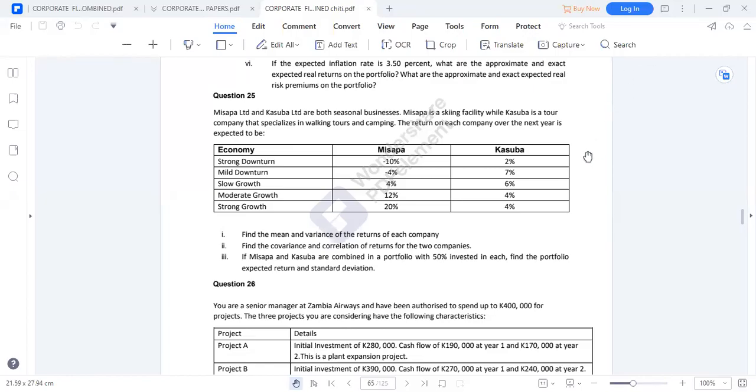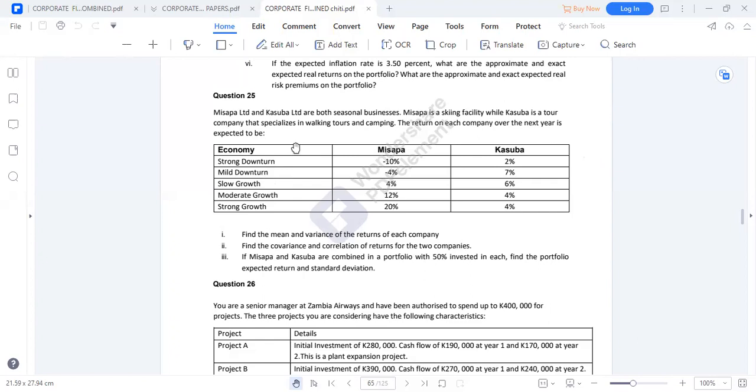Risk and return. This topic basically analyzes stocks to calculate the expected returns as well as the variance and standard deviations of assets.